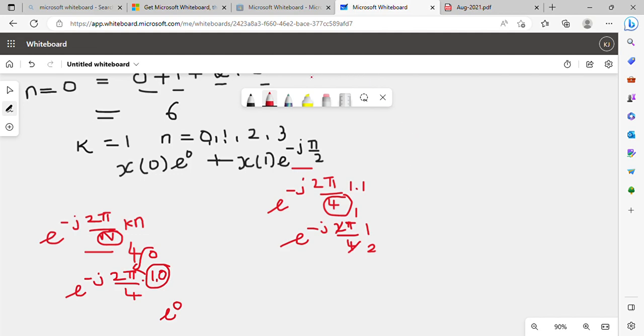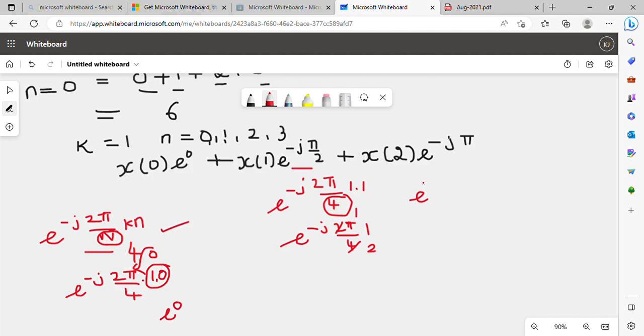Now my next combination is k is equal to 1 and n is equal to 2, right? So this n is 2, and now I get e to the power of minus j pi. Why minus j pi? See here, this is your formula, e to the power of minus j 2 pi by n kn.